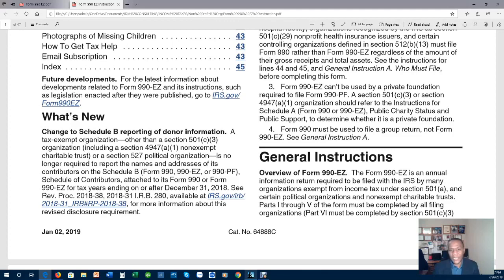So see Revenue Procedure 2018-38, 2018-31 IRB 280, available at the IRS at irs.gov/IRB/2018-31 IRB, number sign RP-2018-38, for more information about this revised disclosure requirement.